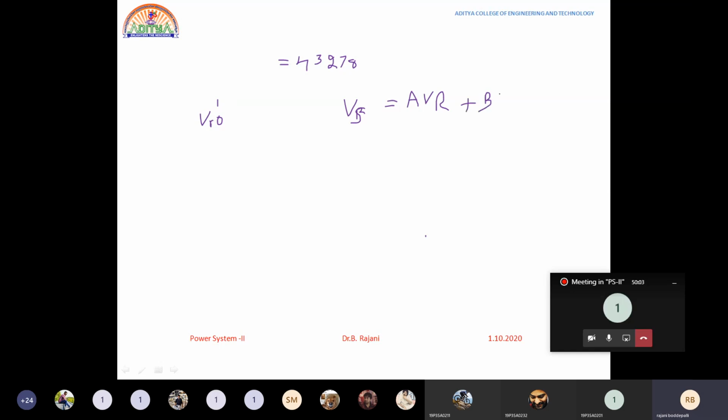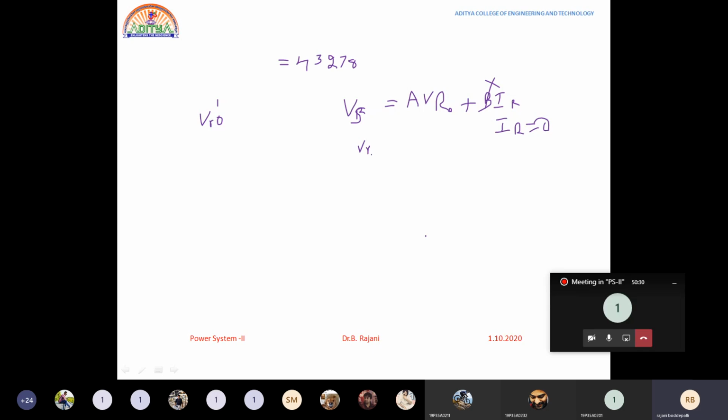At no load voltage, if you want to find no load voltage, IR would be equal to 0. If IR is 0, this whole term gets cancelled. You will be remaining with this term.